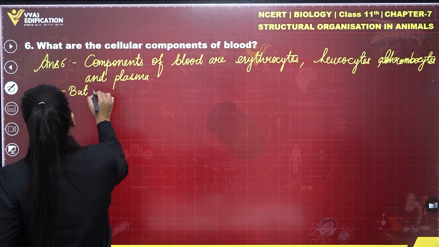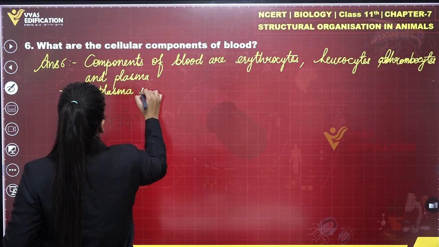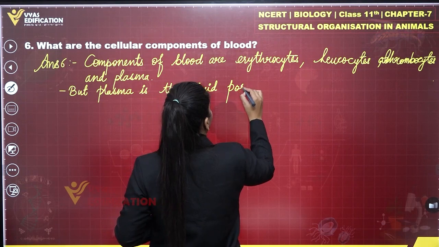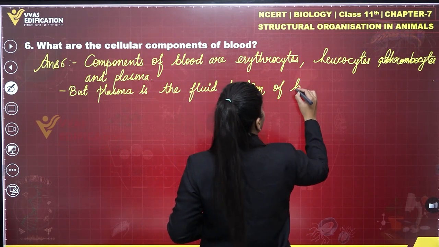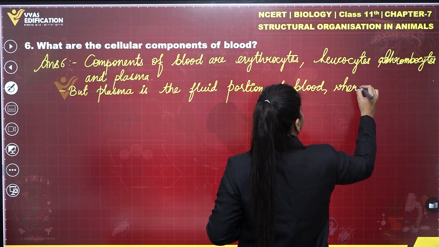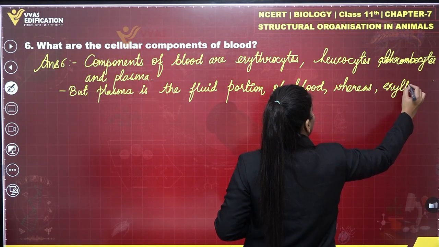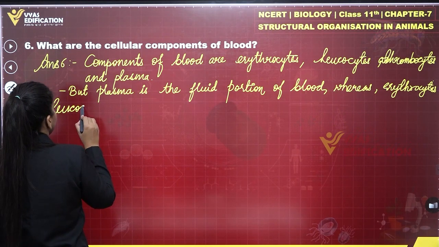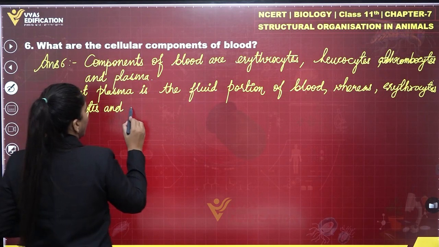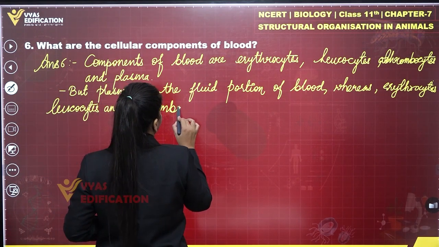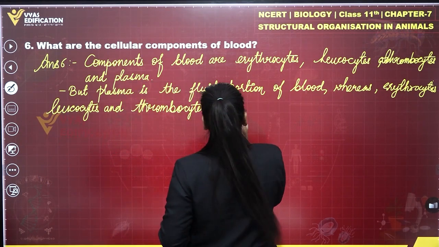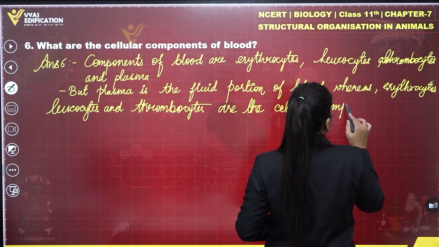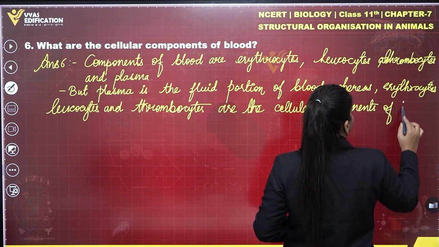But plasma is the fluid portion of blood, whereas erythrocytes, leukocytes and thrombocytes are the cellular components of blood, right?